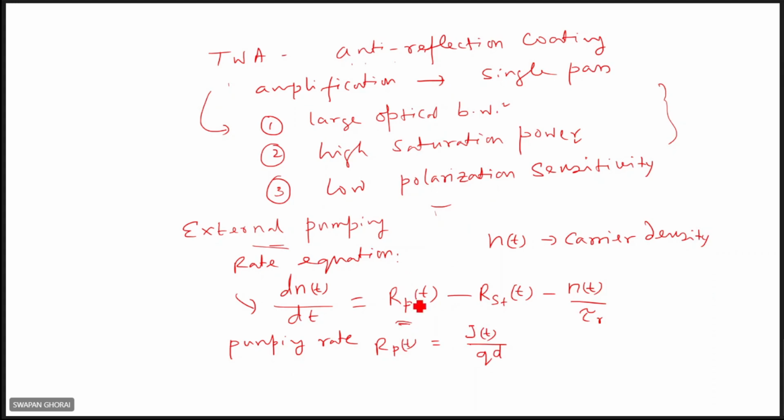So R_P equals J by qd, and R_ST is the stimulated emission, and this N by tau_R indicates the spontaneous rate. You see rate equations in terms of the spontaneous rate. This is the pumping rate, that is J by qd, and this is the stimulated emission rate.